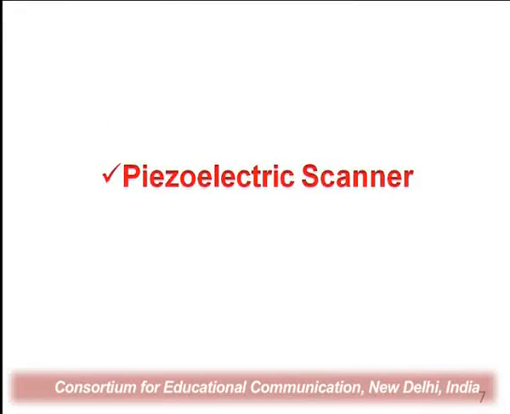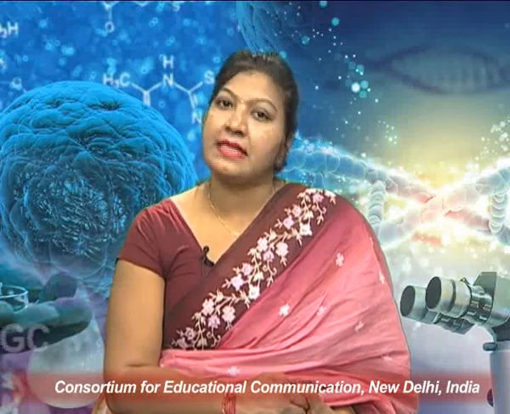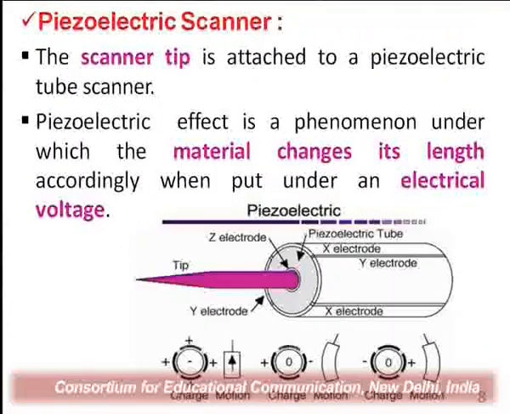Next is the piezoelectric scanner. As we see in the diagram, the tip is attached to this piezoelectric scanner, which will arrange the movement of the tip over the sample. The scanner tip is attached as a piezoelectric tube scanner. The piezoelectric effect is the phenomenon under which a material changes its length when an electric voltage is applied.